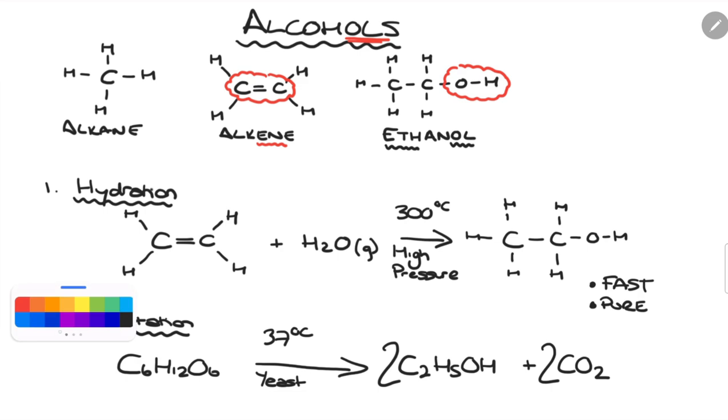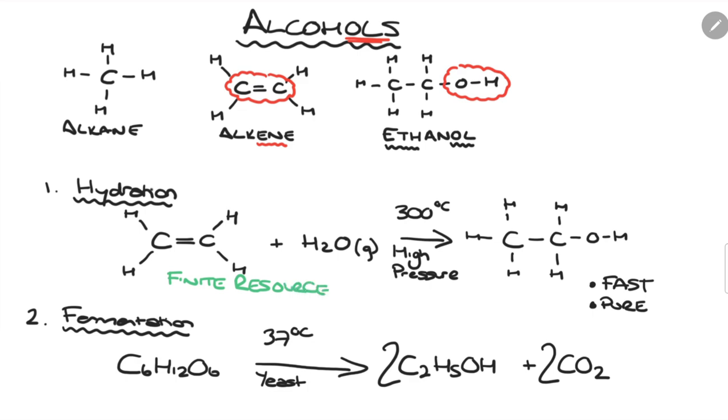But the downside to hydration is that the ethene molecule is a finite resource, and so it is not seen as very green. It's not a green process because ethene would need to be manufactured from the alkanes, if you remember, from our crude oil and our cracking processes.